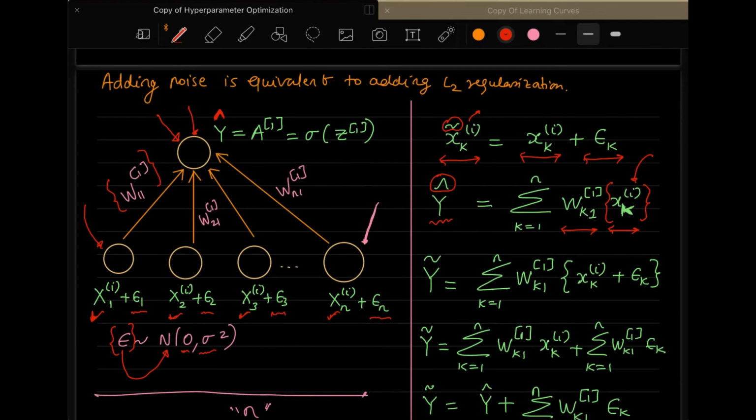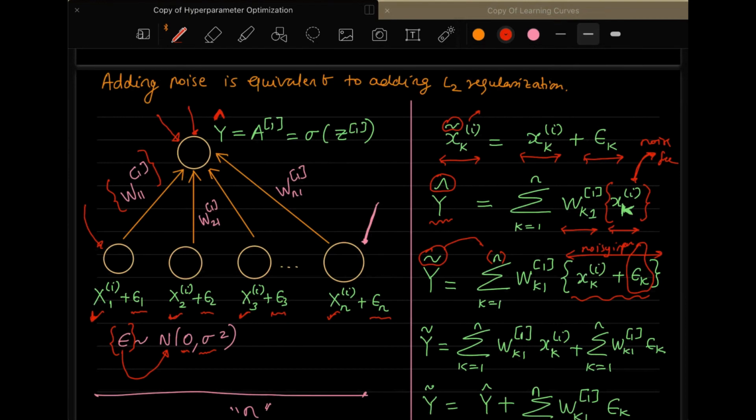But now when we add noise, we write x_k^i plus epsilon naught k, with k running from 1 to n, and now I write it with a tilde. So this y tilde corresponds to the noisy input, and this is the noise-free input.